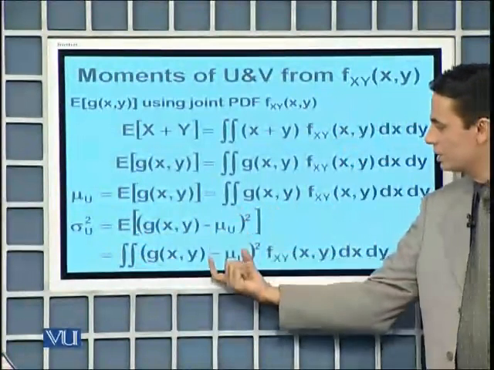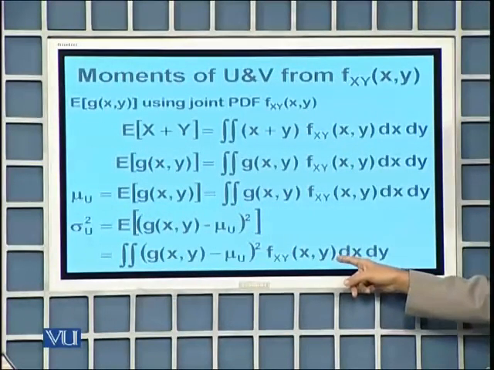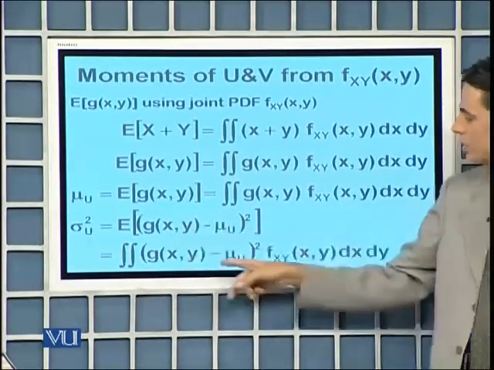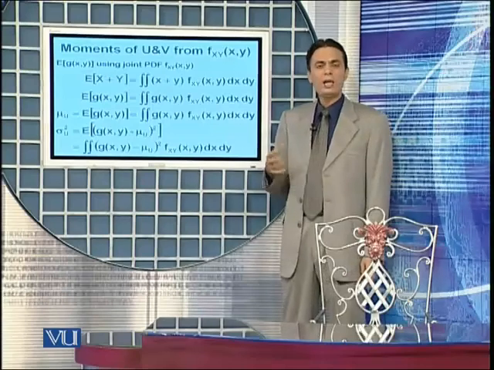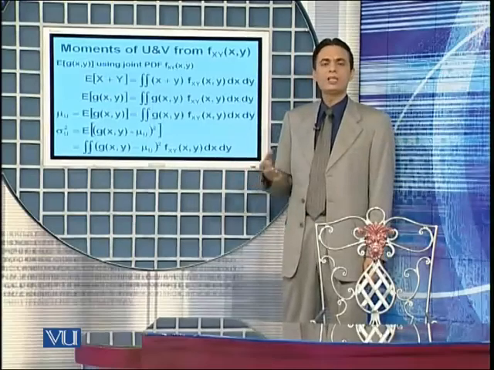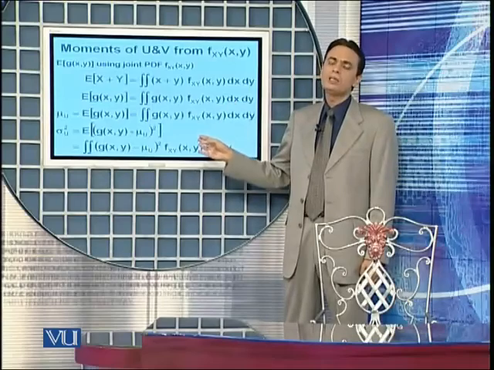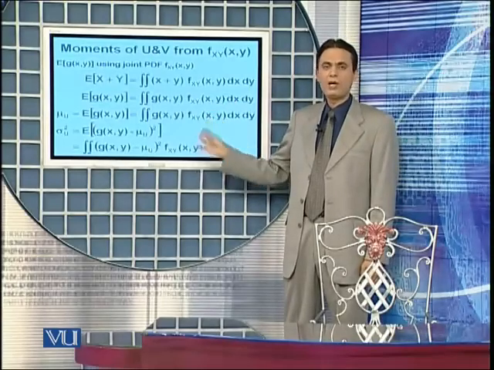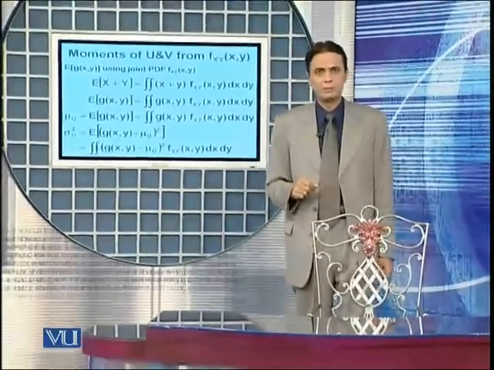So you take that expression, multiply it with the joint PDF of x and y, take the double integral over the whole range of x and y, and you have your variance of u. You can have the variance of v and the expected value of v evaluated using the appropriate expressions, which are very similar to the expression shown on the screen.